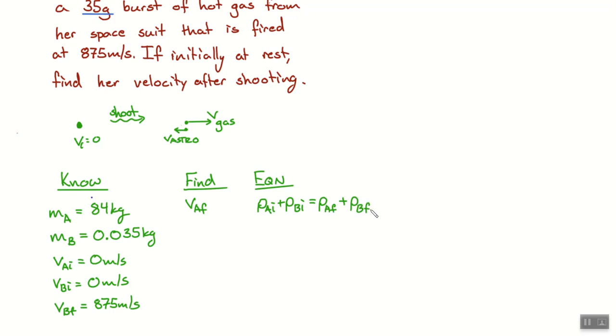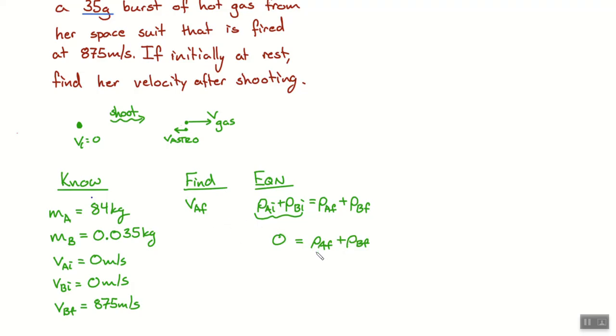My mistake. Now, something very similar to what happened on the recoil problem is going to happen here again. They're initially not moving. So regardless of their masses, if we multiply by a velocity of 0, we're going to get 0 on the left side. This is 0 because they're not moving. And here we are, p_AF plus p_BF. And then we are trying to solve for the final velocity of the astronaut.